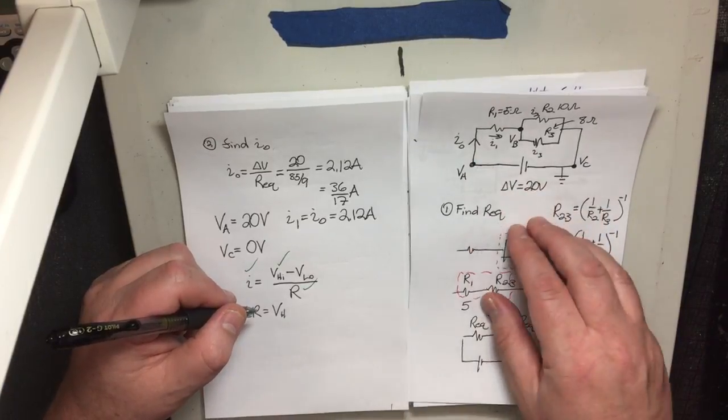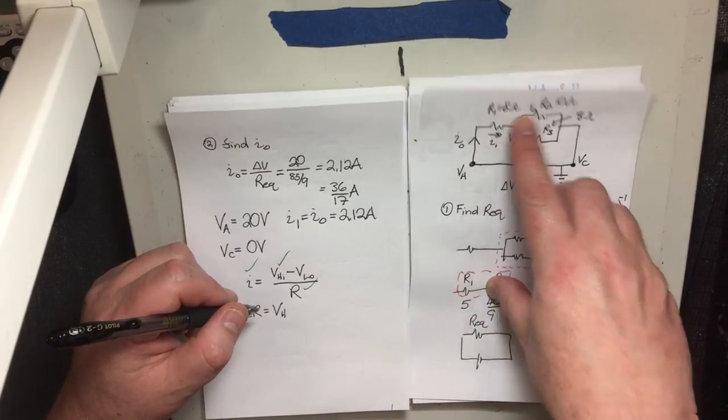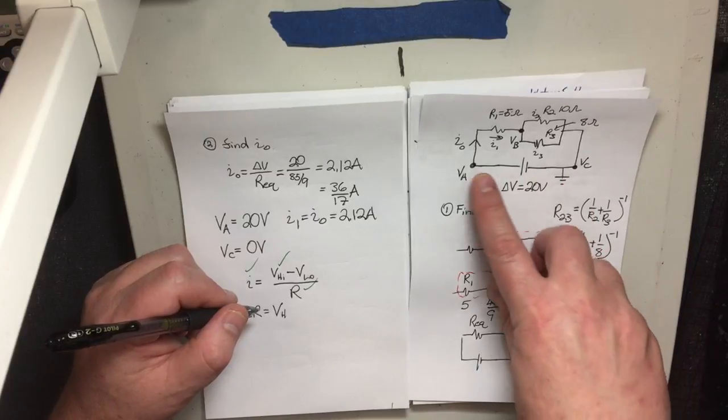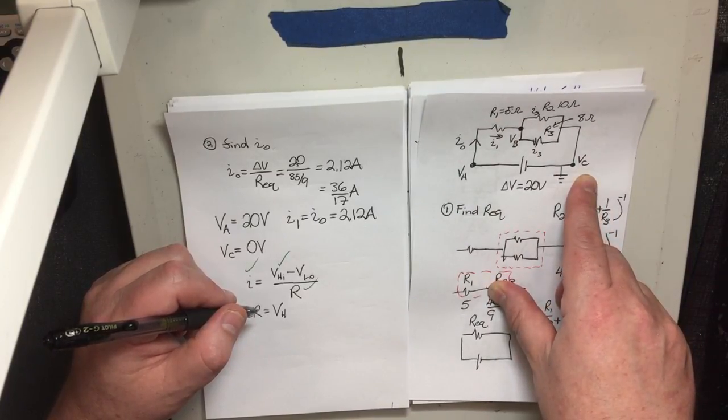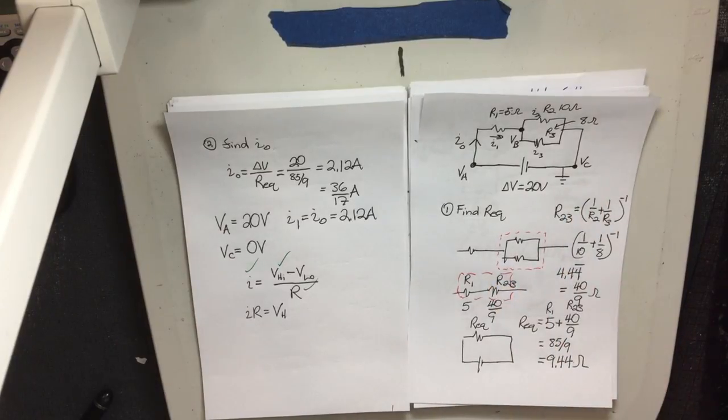So this is higher than that, that is higher than that, because it's going further downstream. The further downstream you go, the lower you are. If you go river rafting, the point at the beginning of the stream is definitely higher in altitude than the end of the stream.